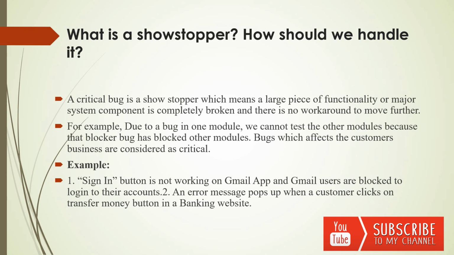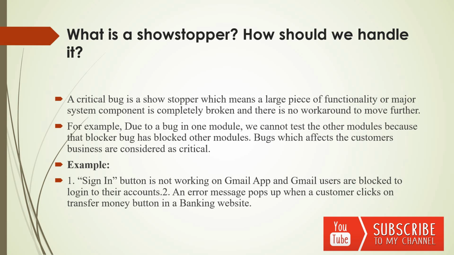A critical bug is a showstopper, which means a large piece of functionality or a major system component is completely broken, and there is no workaround to move further. For example, due to a bug in one module, we cannot test the other modules because that blocker bug has blocked them as well. Bugs which affect the customer's business are considered critical. Example: the sign in button is not working on the Gmail app, so Gmail users are blocked from logging in to their accounts.